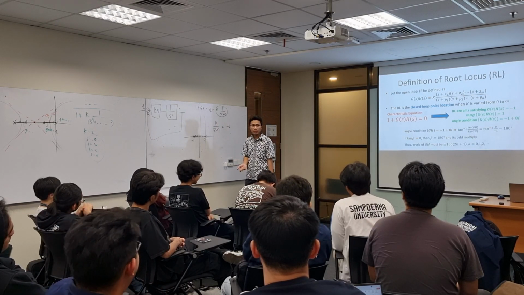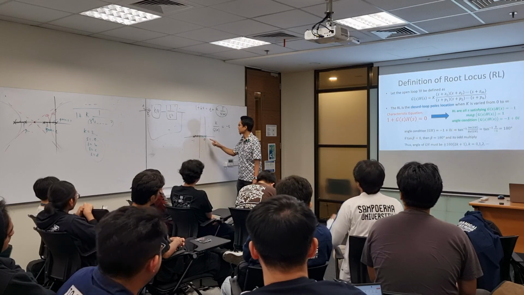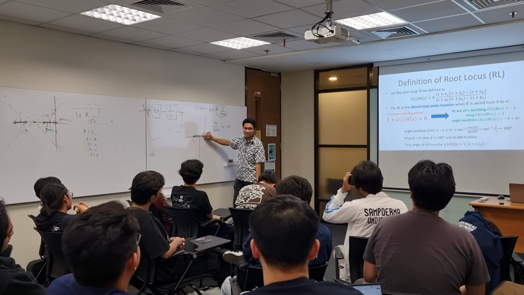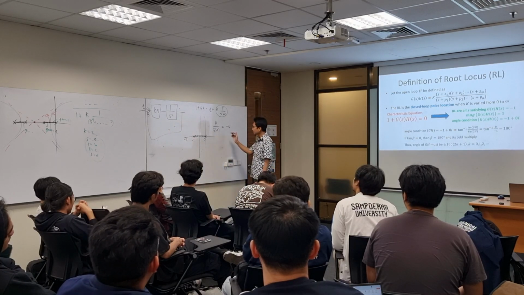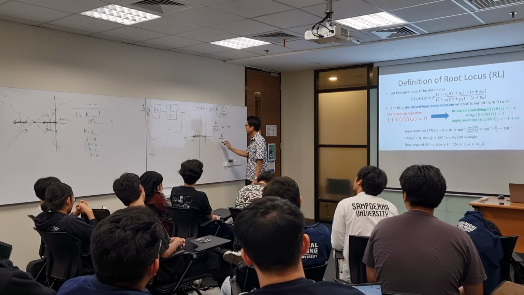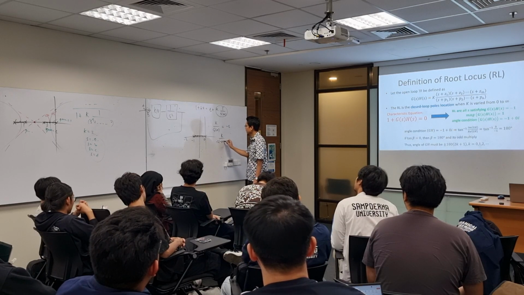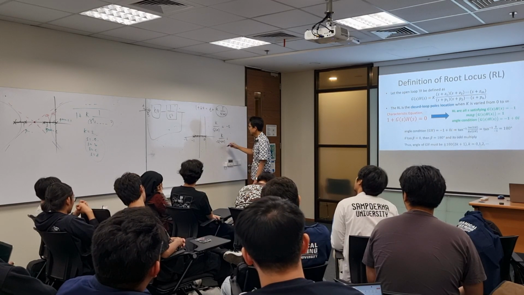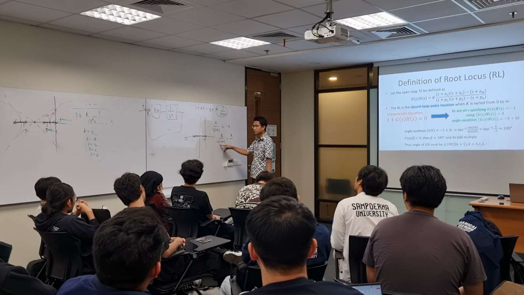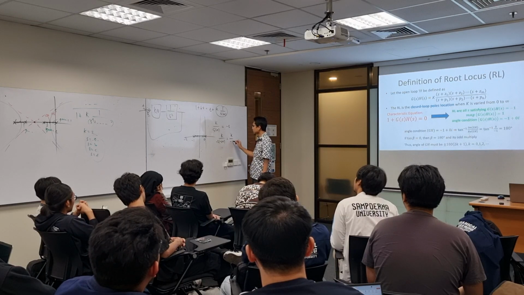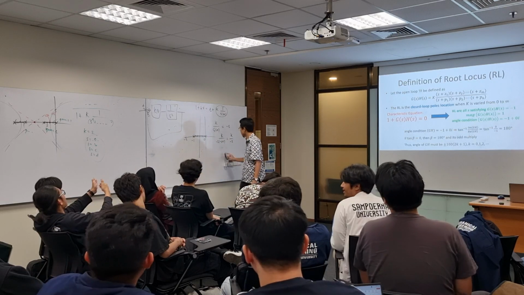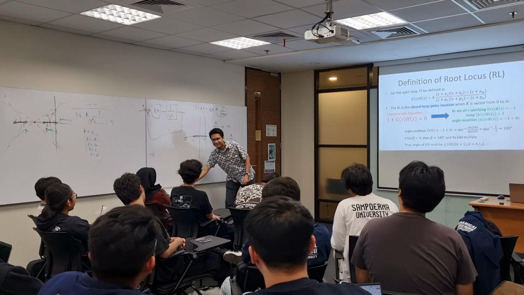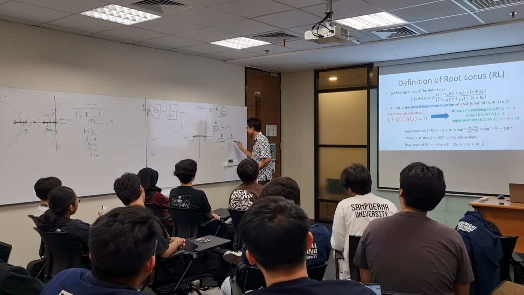Yes, because it's there. If I take S from here. Now you take S, let's say -2. You try -2. You have K over -2, so K divided by -2.